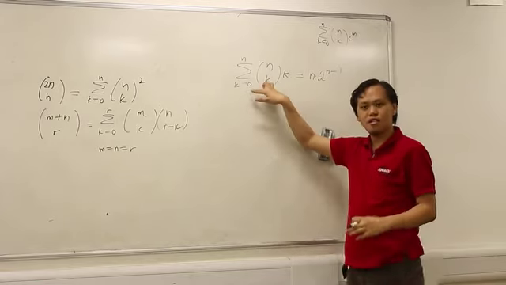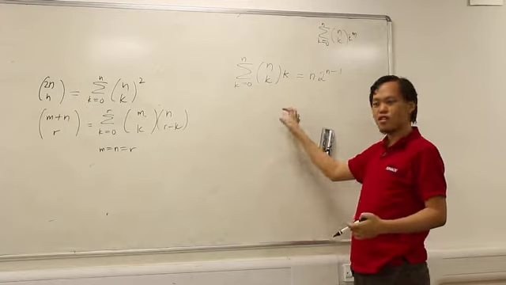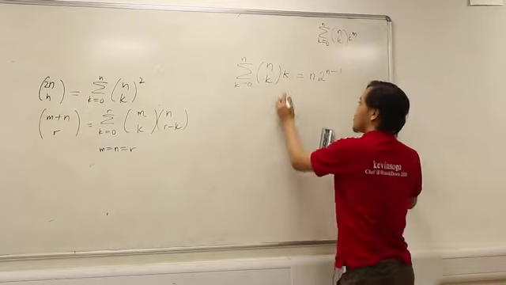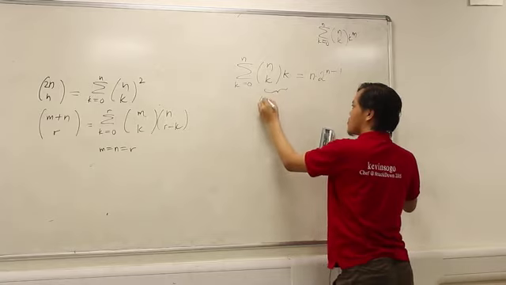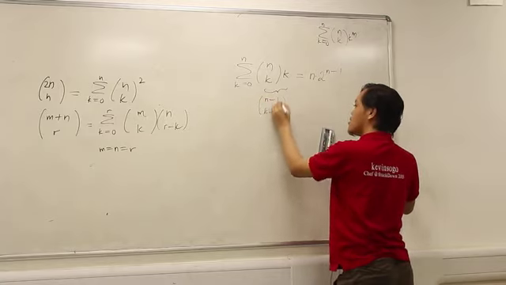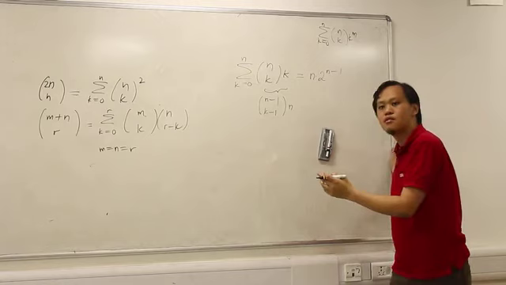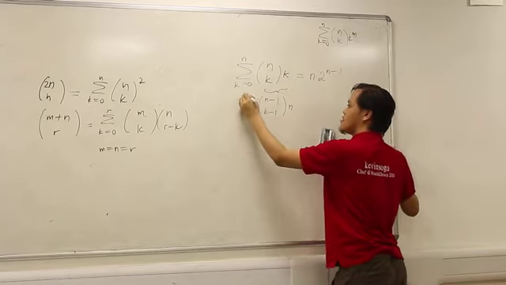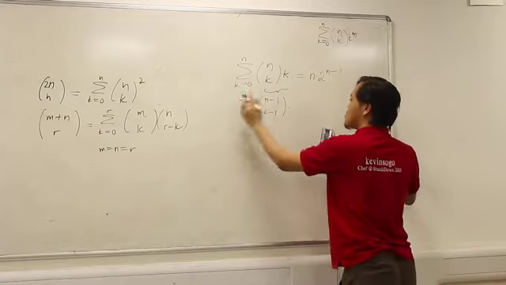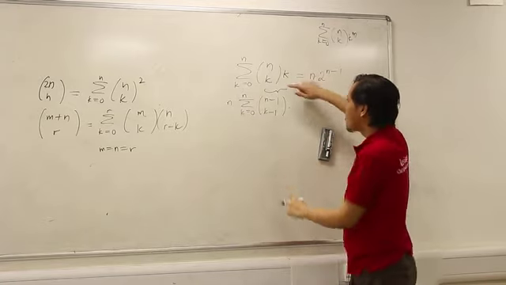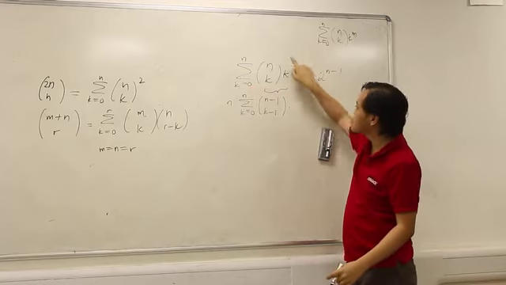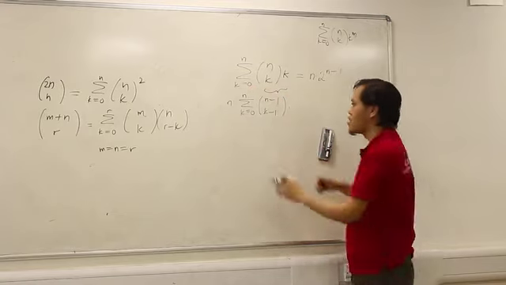Another way to derive this is using algebra. If you can't find the interpretation for both sides, then you can just substitute one of the identities you got earlier, right? And now we can factor n out. And then notice that we can basically remove the case k equals 0 because the term will just be 0 anyway.